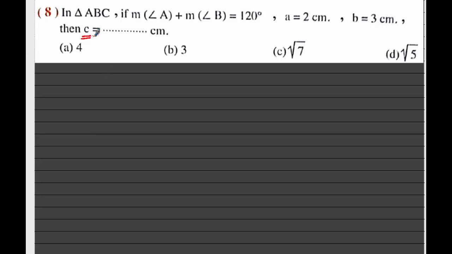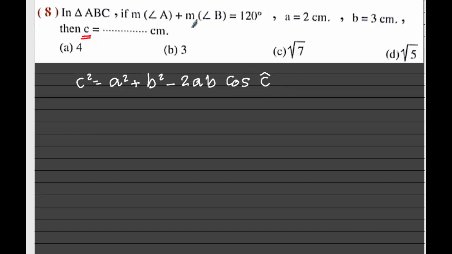Now the required is to find the length of side C, and from the rule here we have C square equals A square plus B square minus 2AB cosine C. But the measure of angle C is not given, so we will deduce the measure of angle C from this information.